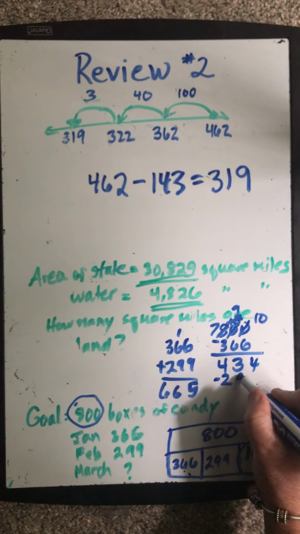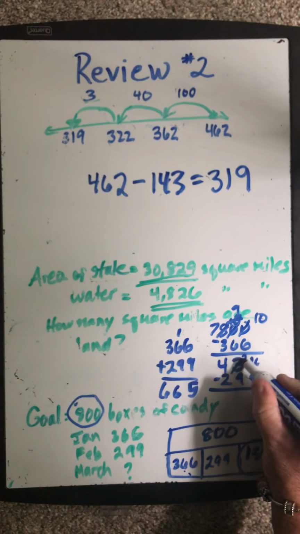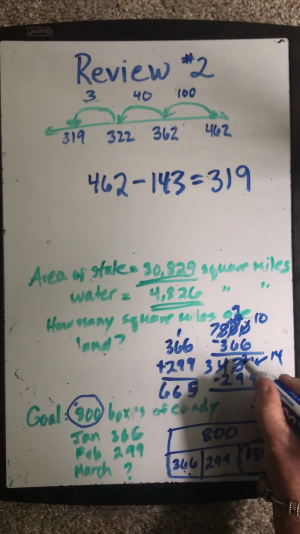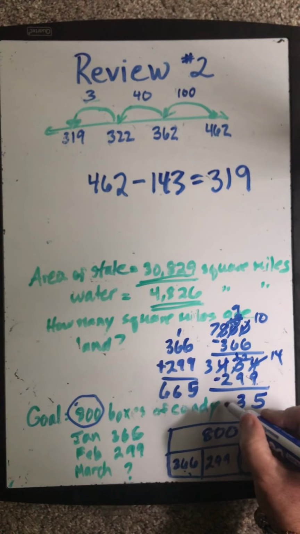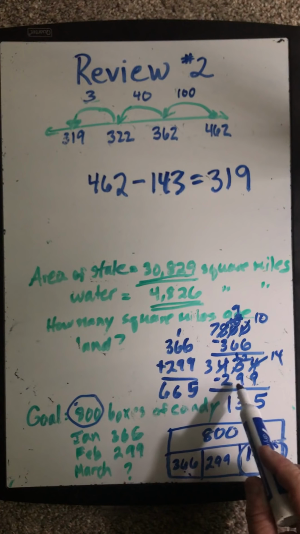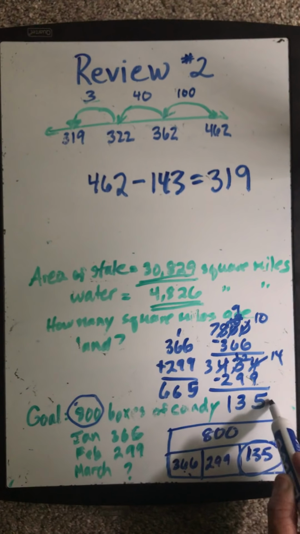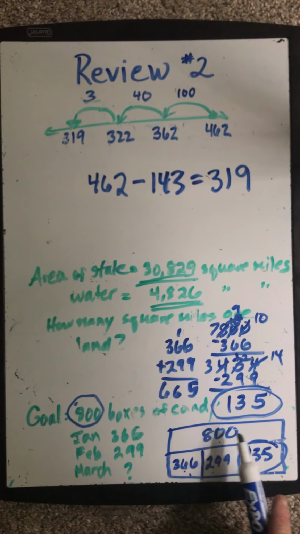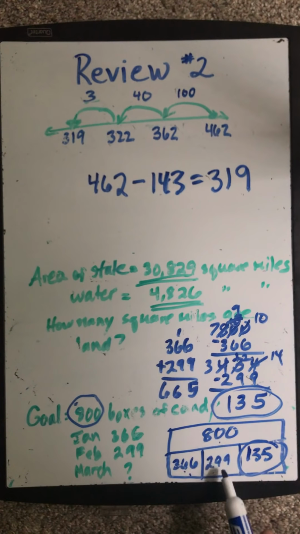Then after February, let's go ahead and subtract this one out. See, now we're just doing it. It's the same thing, just doing it one at a time. Okay, so we subtracted the 299, and it leaves us with 135, which would be our missing number. So you can do it either way. Either add these up and then subtract, or subtract and then subtract again to get your missing number.